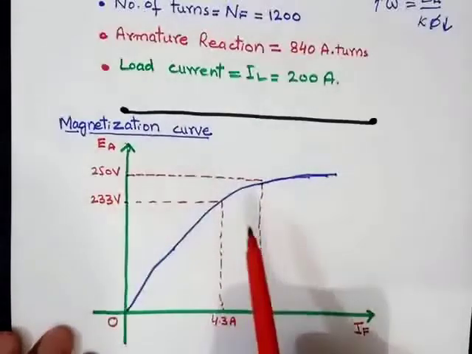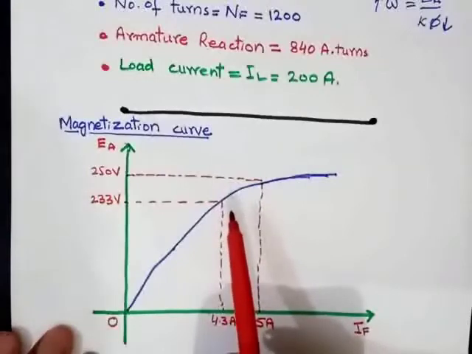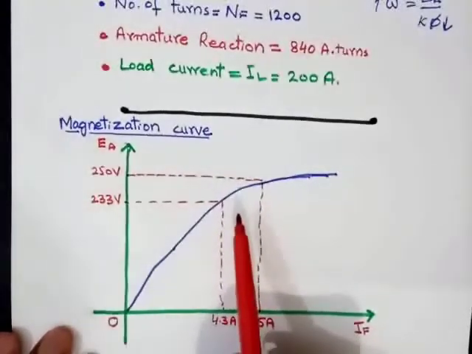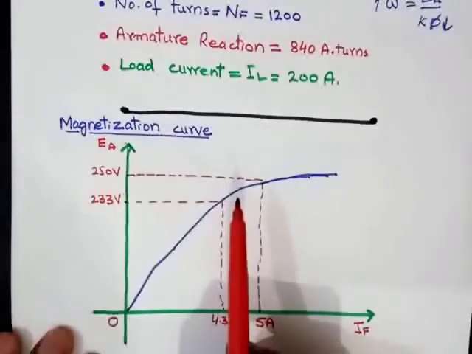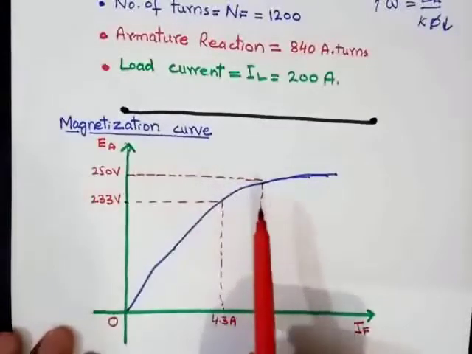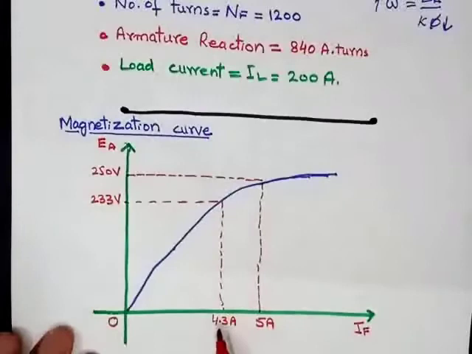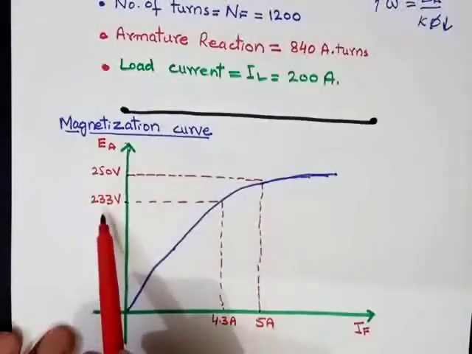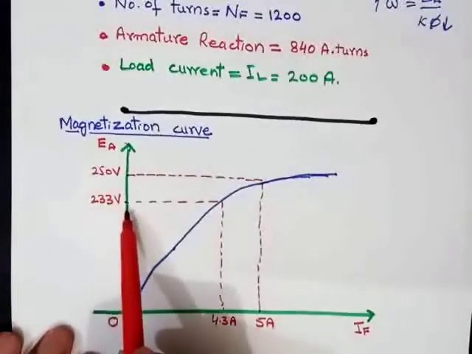As we have already discussed, the values on the magnetization curve are for the no load. This curve is drawn for the no load speed. Now, the value of IF is 4.3 ampere after the armature reaction. Due to 4.3 ampere field current, the internal generated voltage is equal to 233 volt.